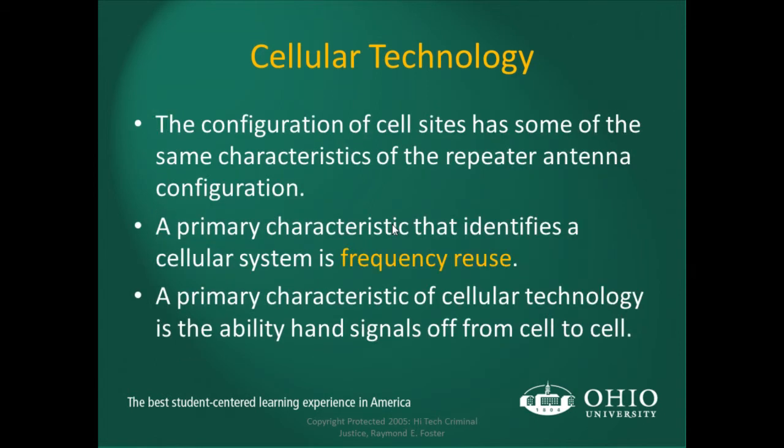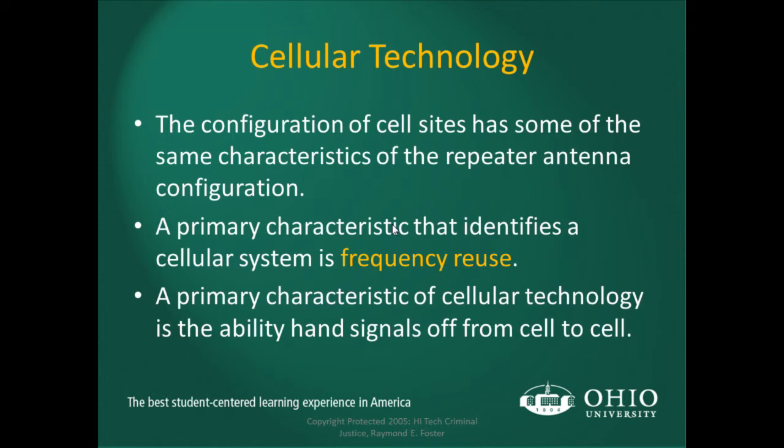Cellular technology, the configuration of a cell site has some of the characteristics of a repeater antenna configuration. We talked about the repeated system where a signal can get repeated from one system to the other. So there are a couple characteristics of cellular technology that are really important. One, it's the second one here that has a highlighted frequency reuse. The primary characteristic that identifies a cellular system is the frequency reuse.